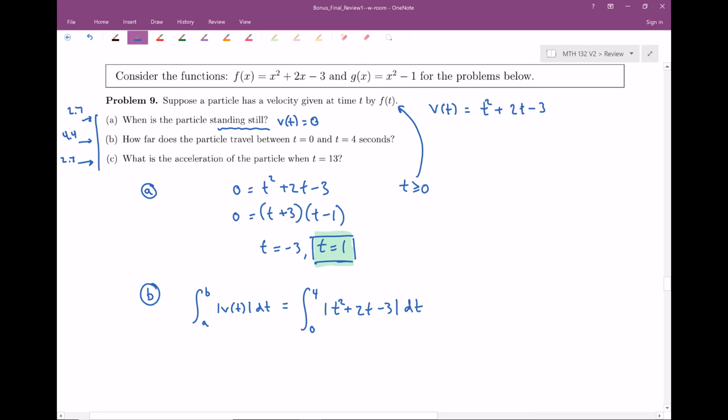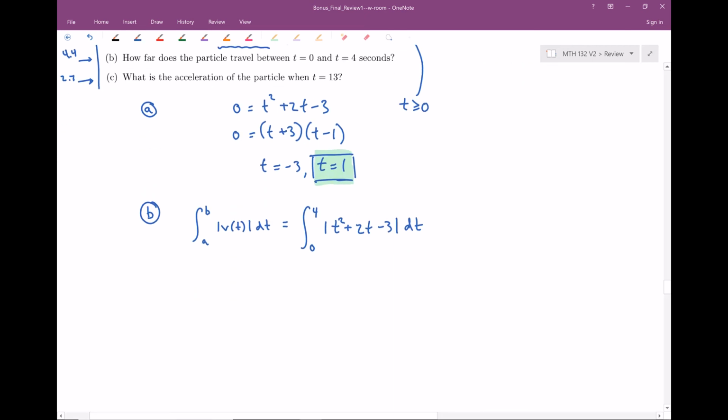Okay, so now we need to remember, how do I evaluate an absolute value integral? The steps that we take for this is we figure out when the thing inside of that absolute value is equal to 0. And in fact, that was part A. We see at negative 3 and at 1, the thing inside of the absolute value is equal to 0. So mainly on our interval from 0 to 4, we have t equals 1.